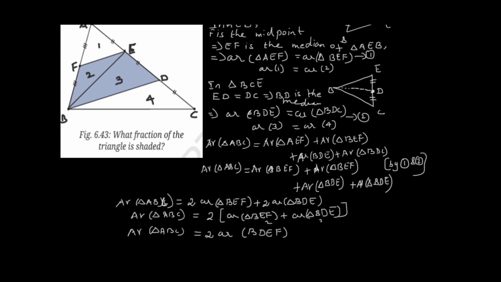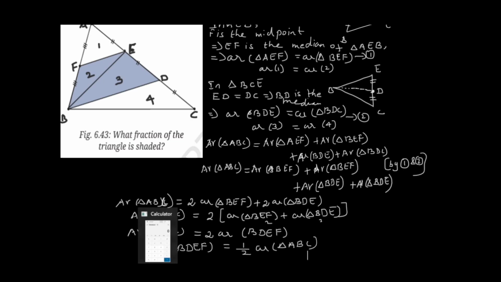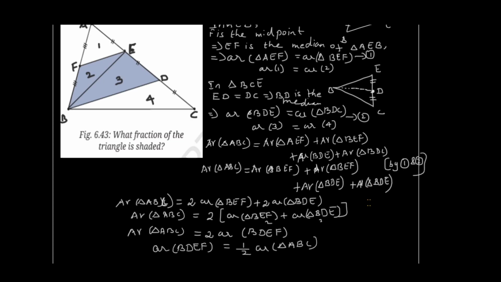This is the shaded portion. So area of BDEF is equal to 1 by 2 area of the full triangle ABC. So the shaded portion is nothing but half of the whole triangle.